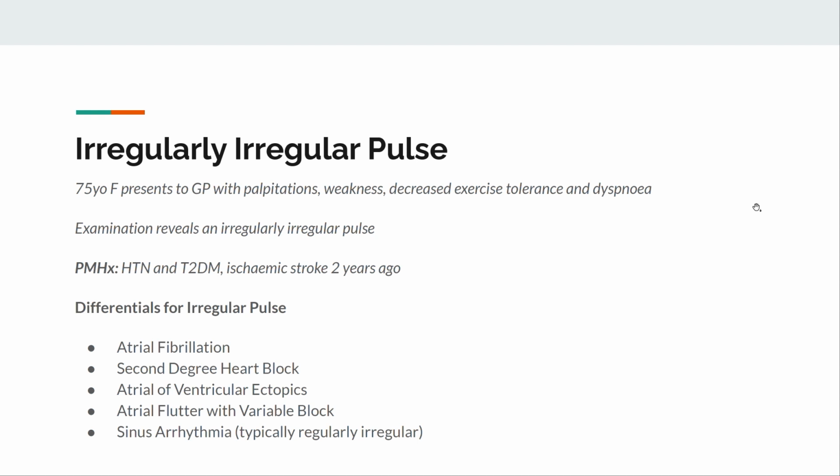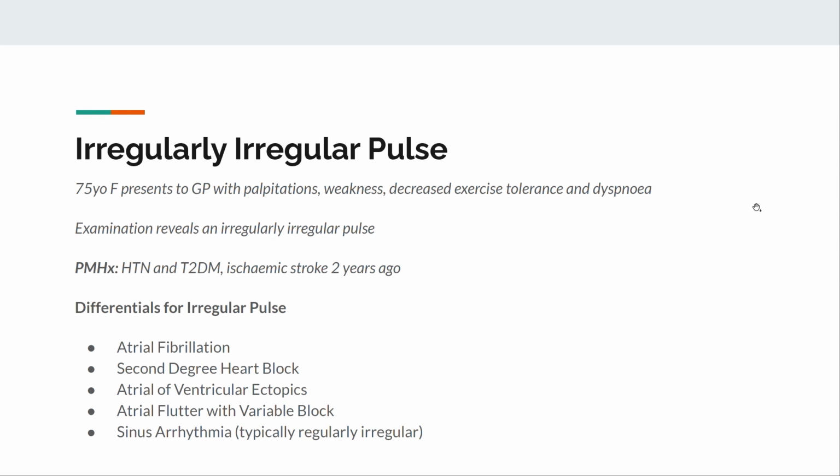But if you think about second-degree heart block, every so often you're going to be dropping a heartbeat. So when you're palpating someone's pulse, that would be irregularly irregular, depending on which kind of heart block it is. If someone's having ectopic beats, there'll typically be a pause after that ectopic beat, so the pulse again will be irregular because of the ectopics occurring.